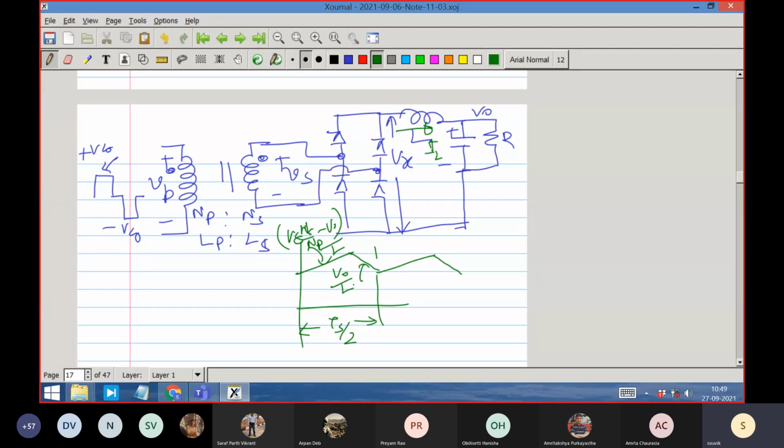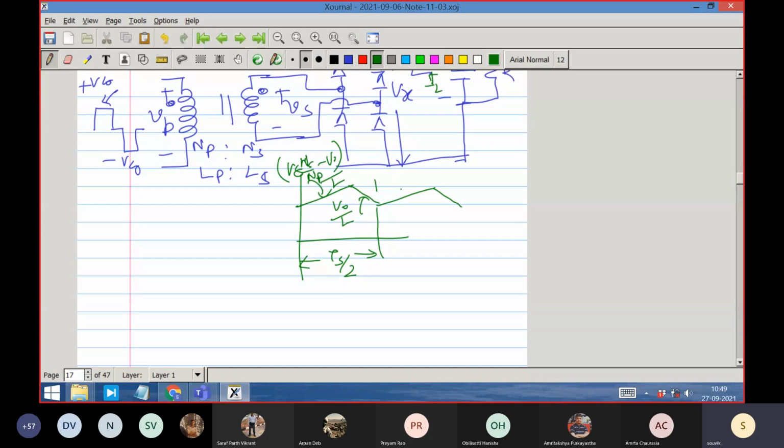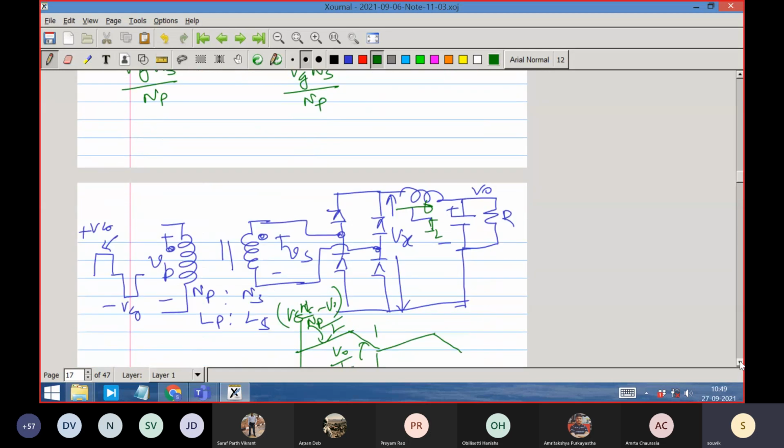So how will the diodes conduct? Let us see how the diodes will conduct. Let us give the names of the diodes also so that we understand: D1, D2, D3, D4.